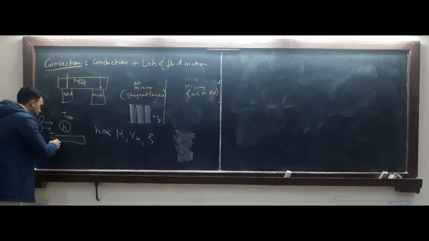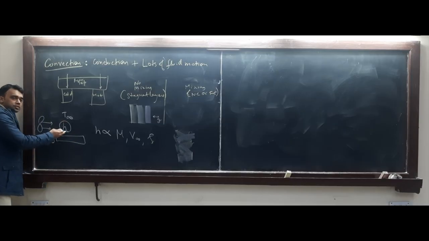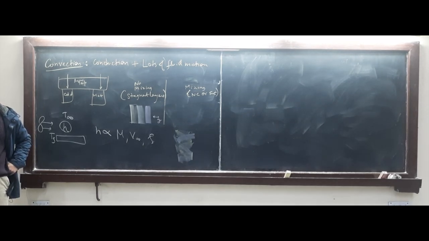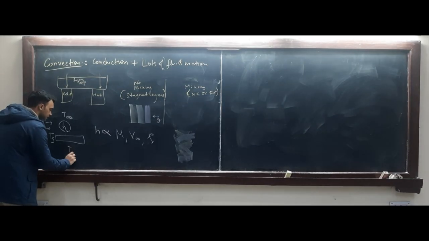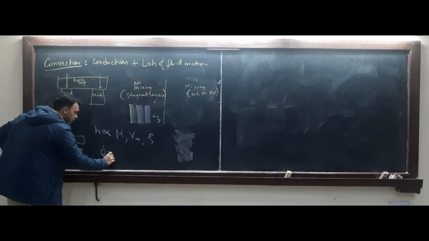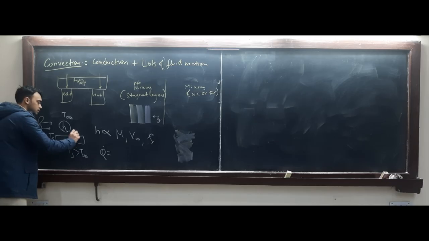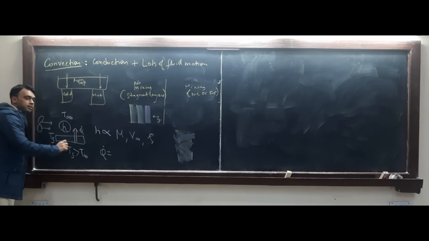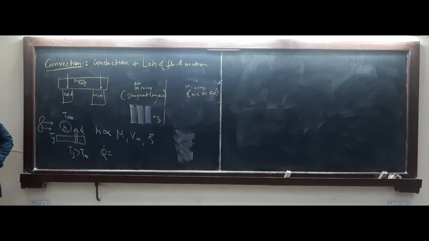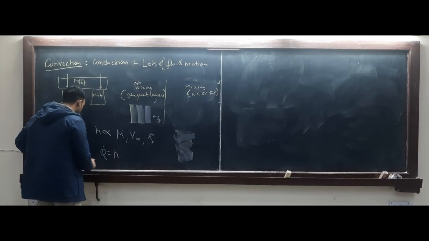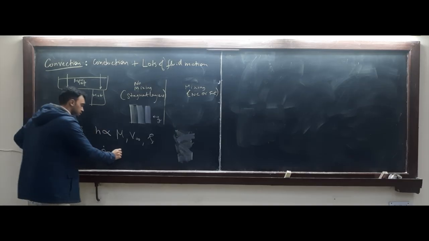And again, when I draw this picture of Ts, T infinity, h, what is the law that governs convection? So if I were to say that Ts is greater than T infinity, what will define my Q dot in this case? Q dot would be heat loss to the environment, right? So what would I write? h. It will also depend how much surface area I am getting.